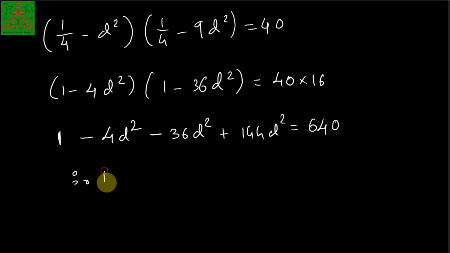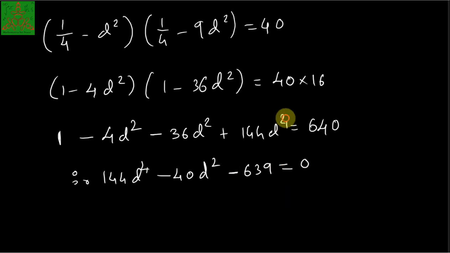Therefore it is 144d power 4 minus 40d square minus 639 equal to 0. Now this has d power 4, and it is a polynomial in d square, a quadratic polynomial in d square.